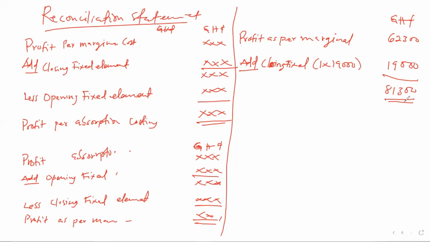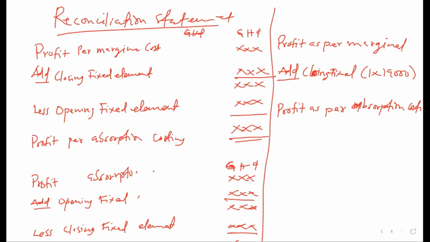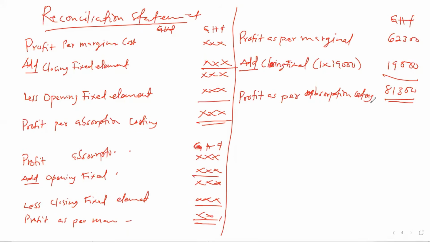You realize when you add it, you get it, and that would be the profit as per absorption costing. Very, very simple. I hope I was able to make this very clear and understandable for you.